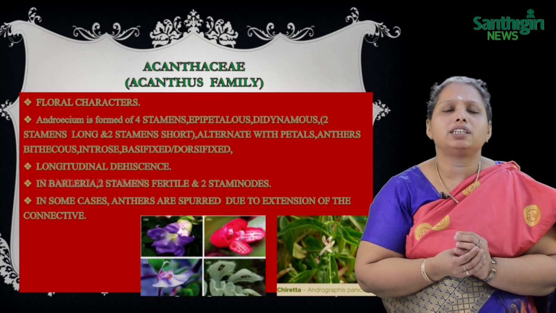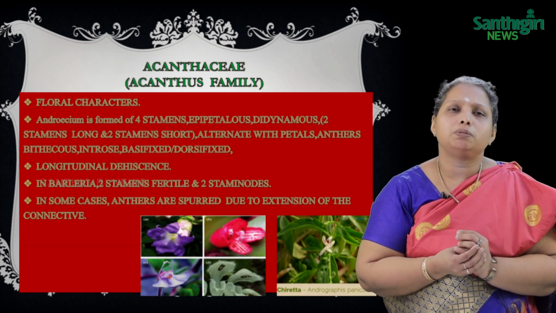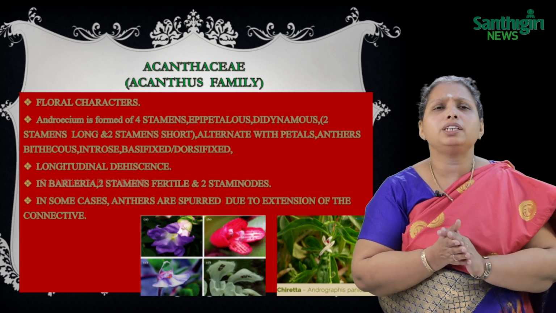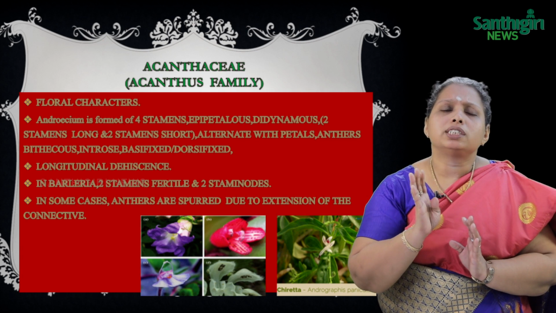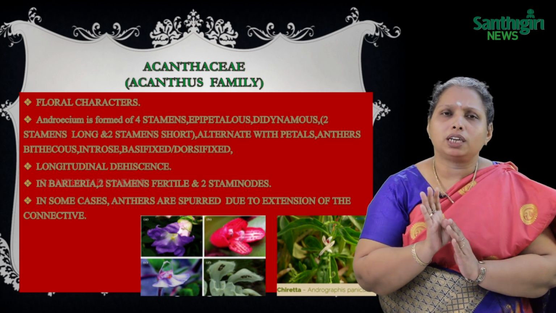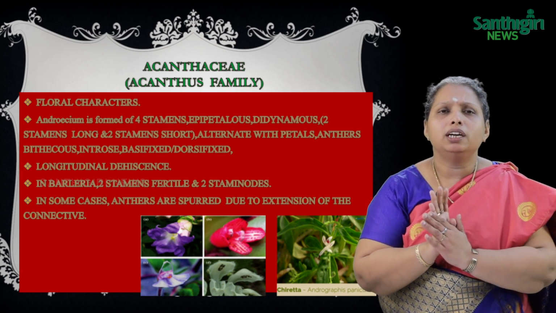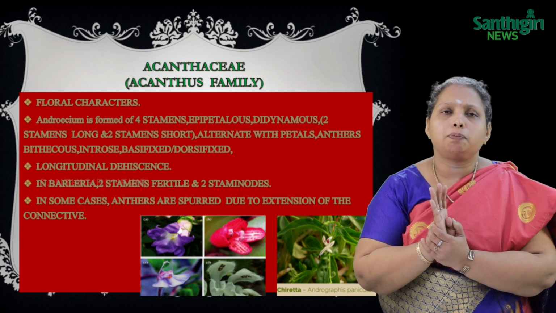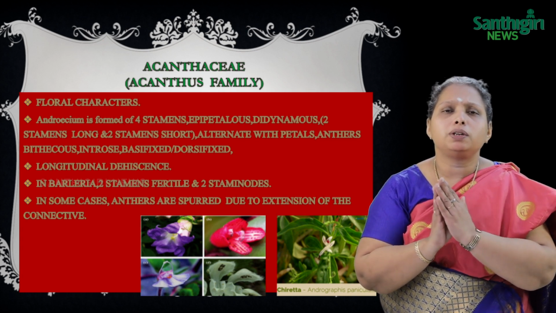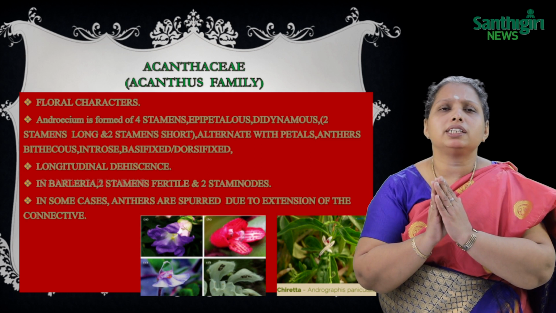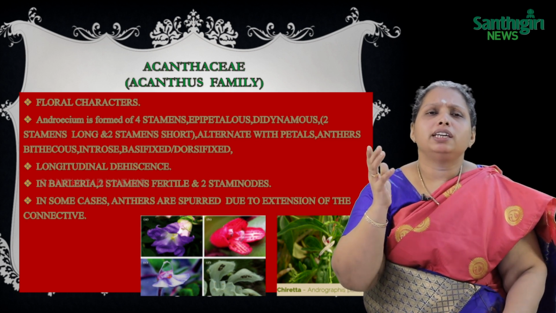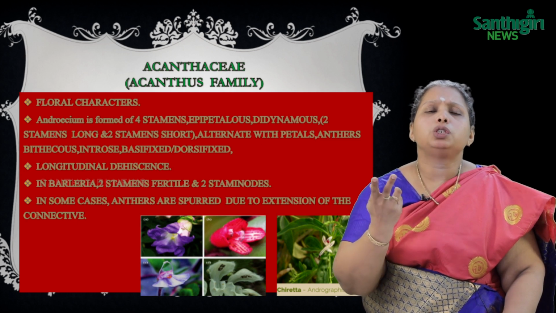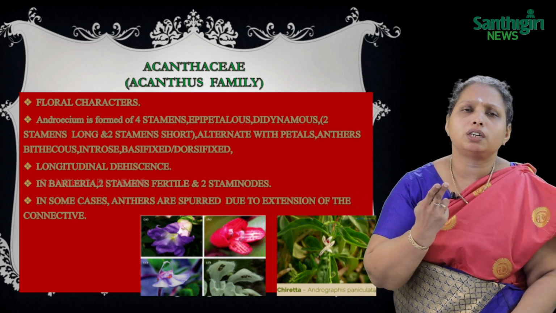Then the next characteristic is the andrecium condition. Andrecium is normally formed of 4 stamens alternate to the petals, epipetalous, and in some cases it is 2 in condition. Stamens are only 2.